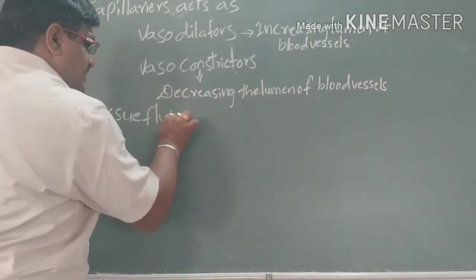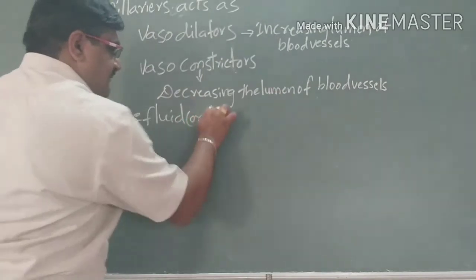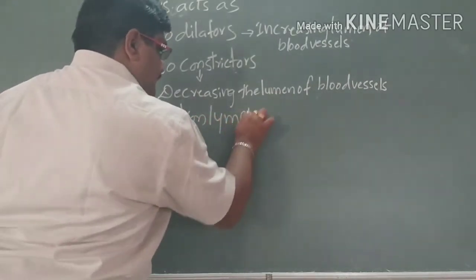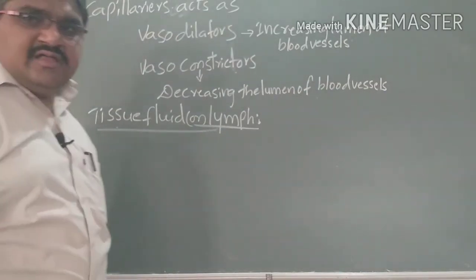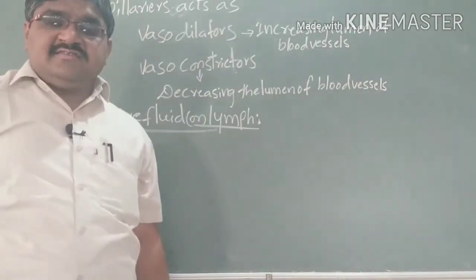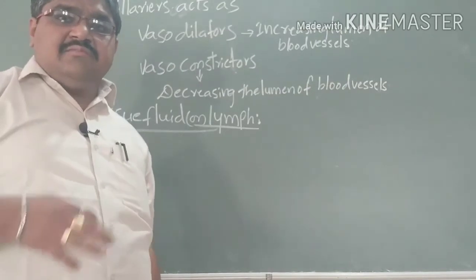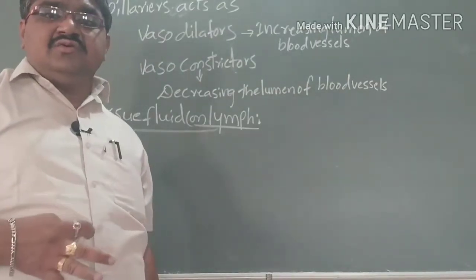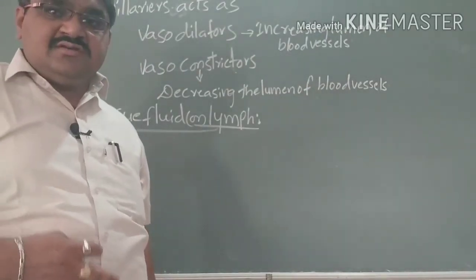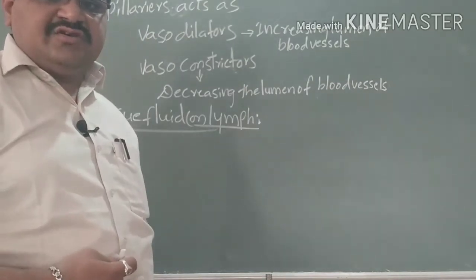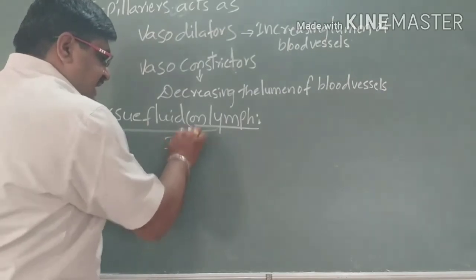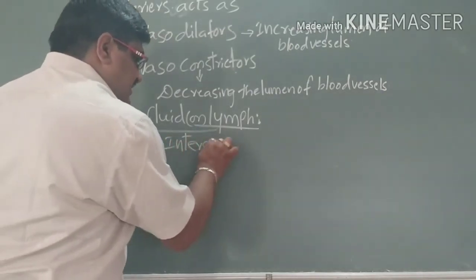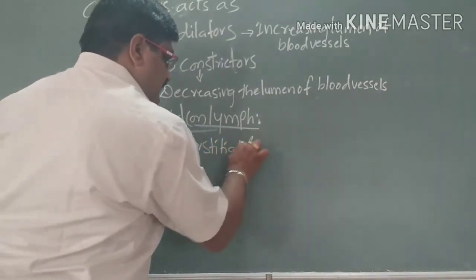And also here we have the other type of fluid that is called a tissue fluid, or otherwise we can call it lymph. In the fluid, that means in the blood where the cells are not present, where the blood does not enter into the tissues, such fluid we call a tissue fluid, or an interstitial fluid.